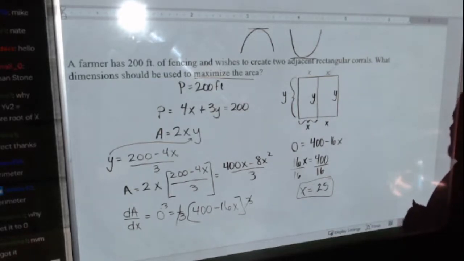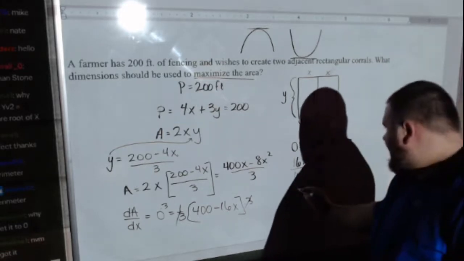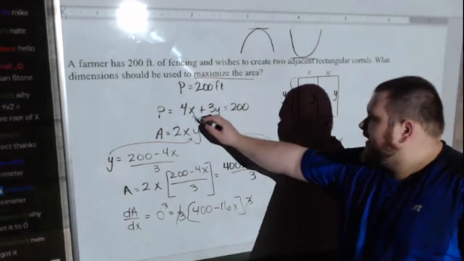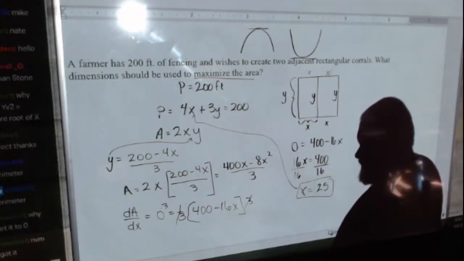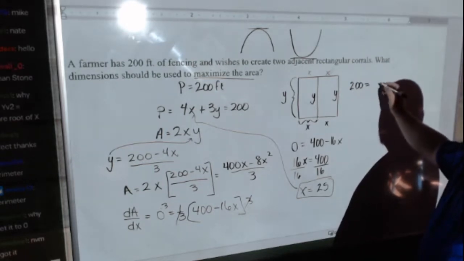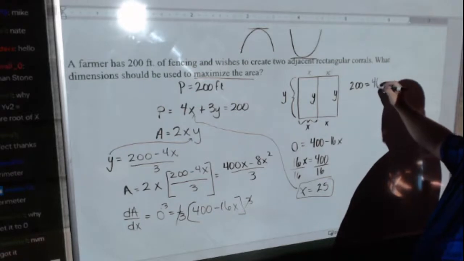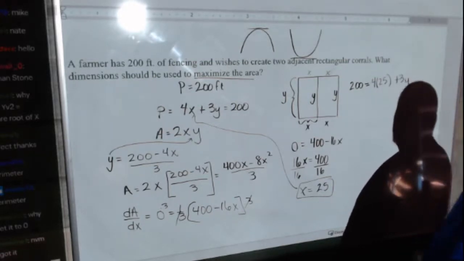We also need to find y. So we would take this value and plug it back in there. So we've got 200 is equal to 4 times 25 plus 3y.